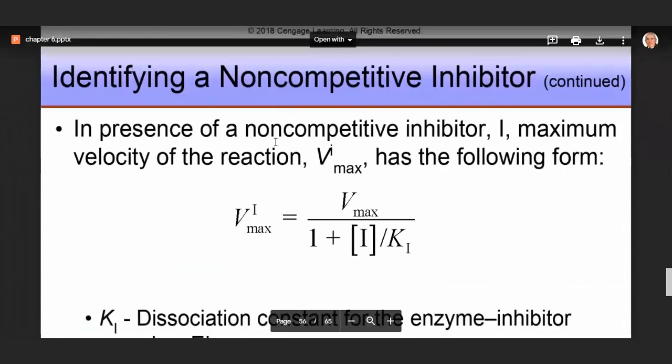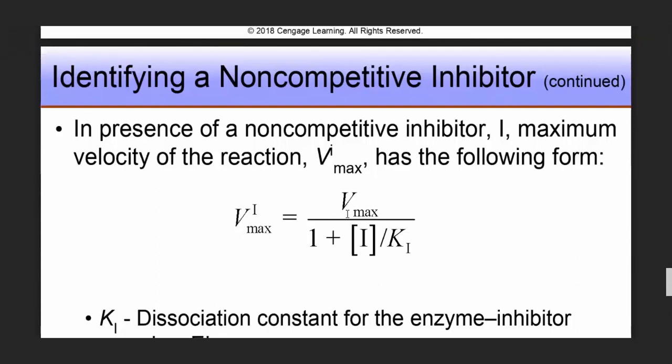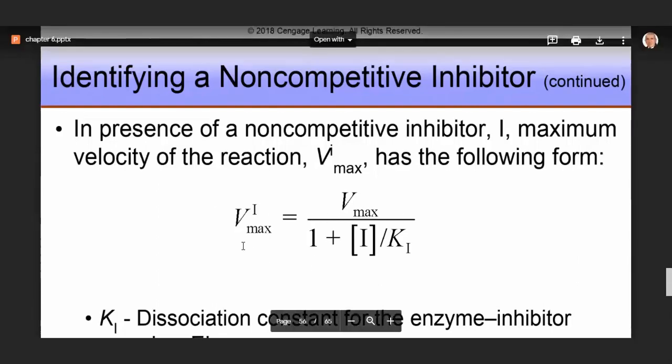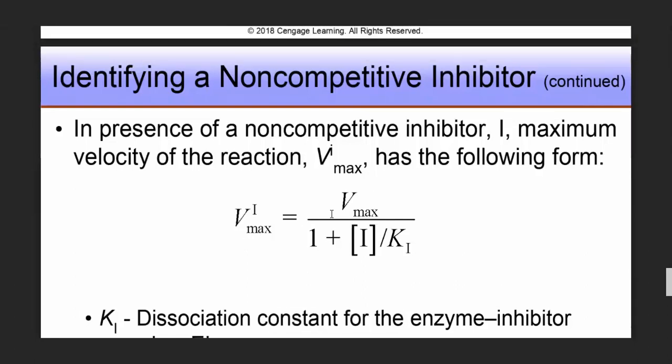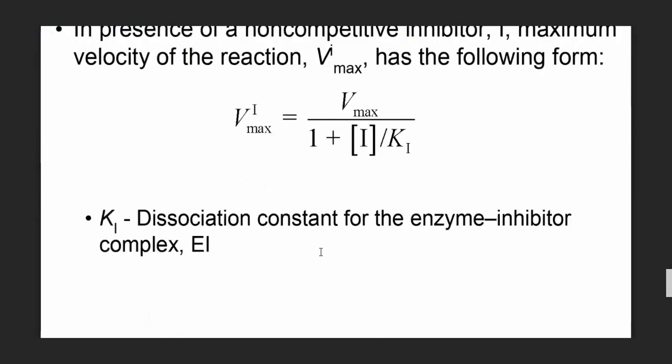So again, in the presence of this non-competitive inhibitor, I, the maximum velocity of the reaction, Vmax, has the following form. Vmax in the presence of this inhibitor equals the original Vmax divided by alpha. We call this alpha, so we can say Vmax decreases by this value called alpha.